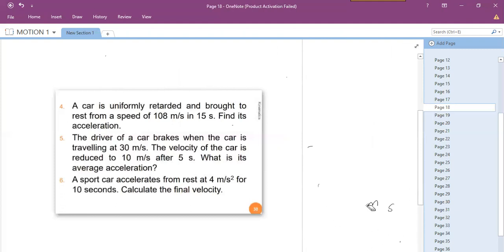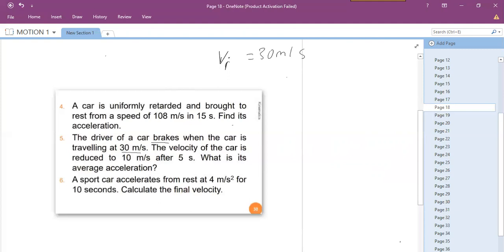So our next question, now you have to pay particular attention to this one. We have a driver here. The driver of a car brakes when the car is traveling at 30 meters per second. So here, our initial velocity is 30 meters per second.